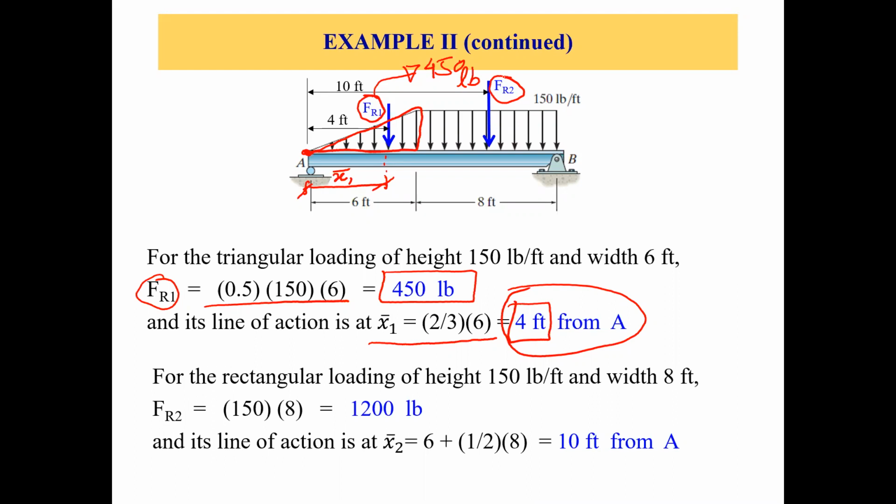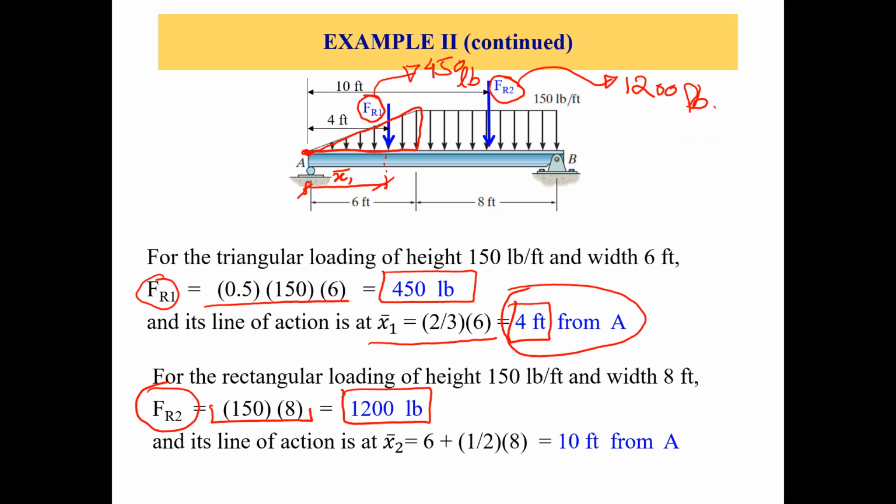Area is 150 pounds per feet times 8 feet. We get FR2 equals 150 times 8, which is 1200 pounds. Just find the area of this rectangle, and that is your resultant force, right?